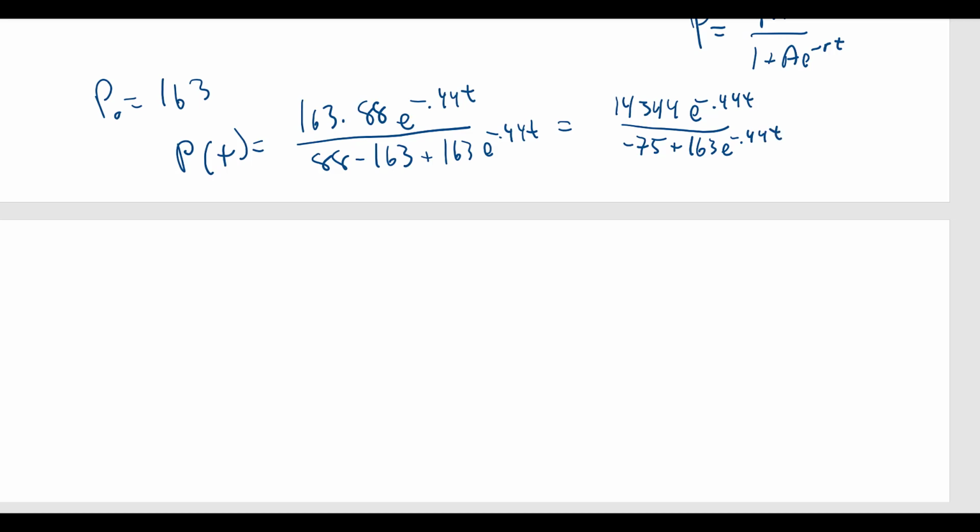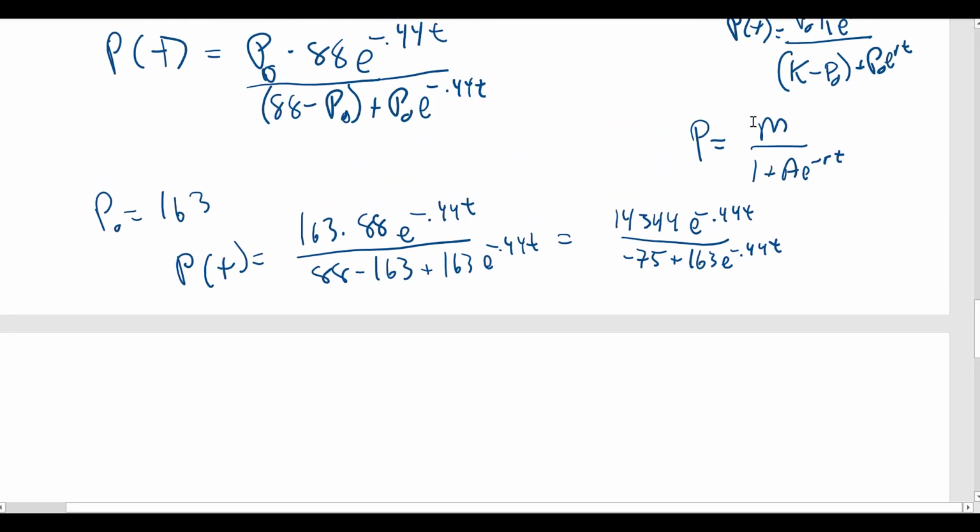Now, because I want to have this model here, the way I approached it is I multiplied top and bottom by e to the 0.44t to cancel it out, and that's going to go across those terms.